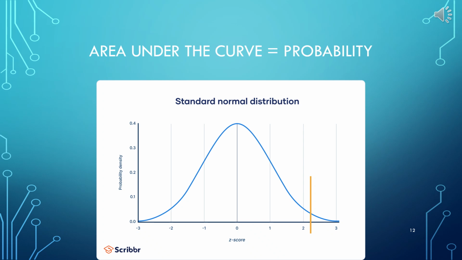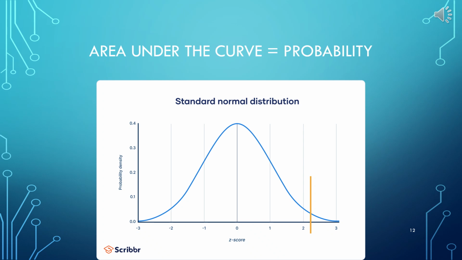I've drawn this line here at 2.2 standard deviations above the mean for this population. And I want to know the probability that you would see such a high score, given that most people's job satisfaction is going to be about 5 on a scale of 1 to 10.